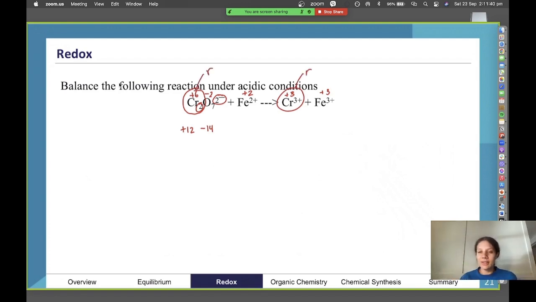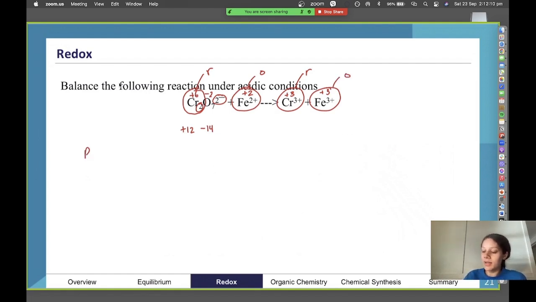My trick, or what I use to remember, is that a decrease in oxidation number is a reduction reaction. And for an increase in oxidation number, you're going to be oxidizing. So that's what's happening with our iron there. It's going from +2 to +3. So an increase in oxidation number means that it is oxidizing.